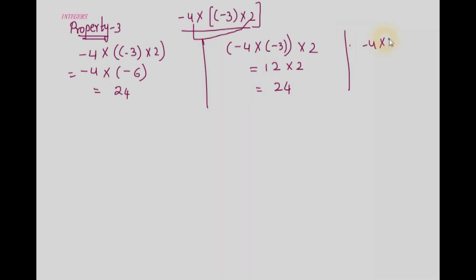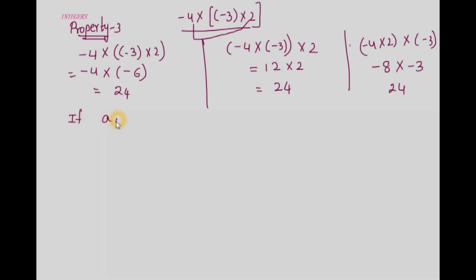Minus 4 into 2 into minus 3. 4 2s are 8, so minus 4 into 2 equals minus 8 into minus 3. Minus into minus is plus, and 8 3s are 24. If 3 integers are given, and we have to find their product, we can write it in our convenient way. We can group them in any easy combination we require.